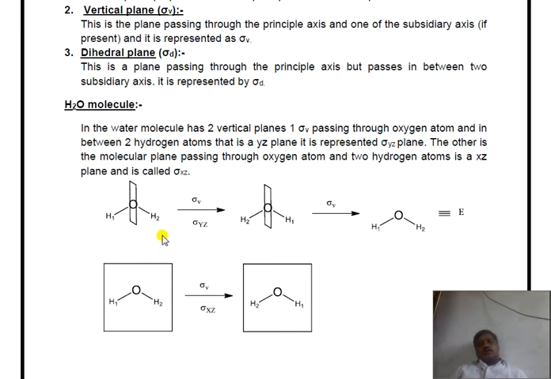Water molecule has a C2 axis of symmetry. For this C2 axis, there is a plane of symmetry which is parallel to the C2 axis, like this. This is the sigma v. The molecular plane is a general plane of symmetry, which we do not count because in the general plane of symmetry all the atoms are present in the plane.